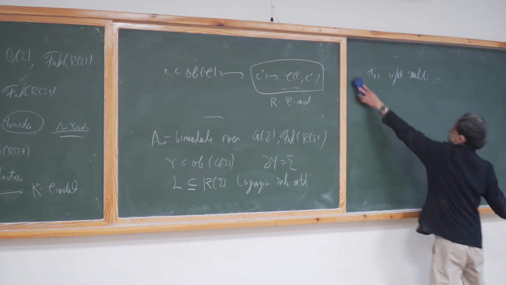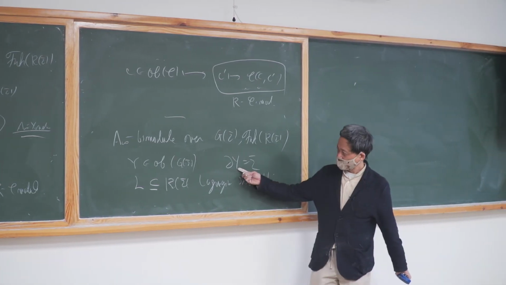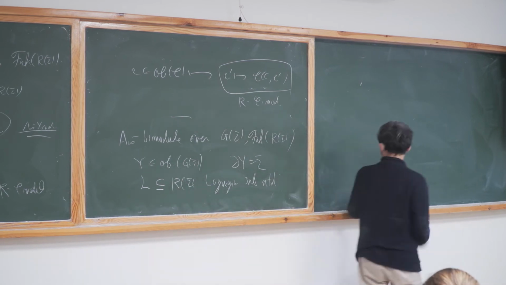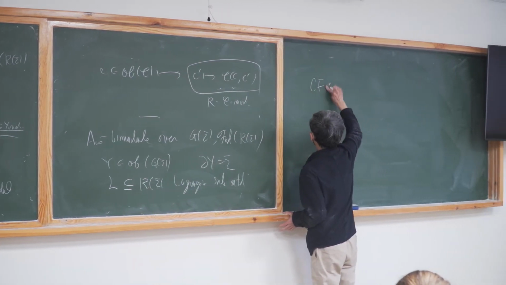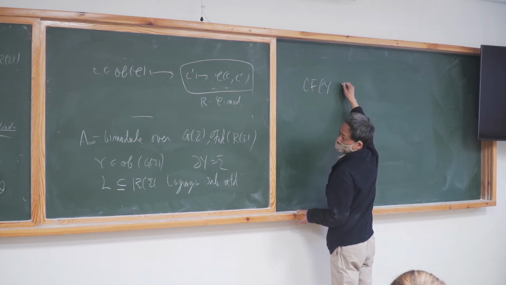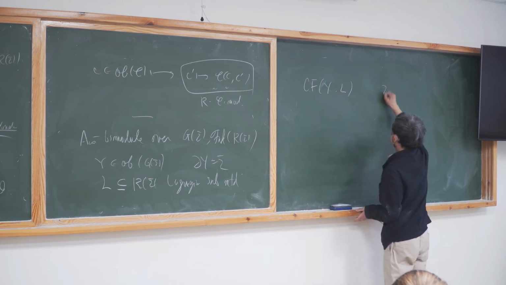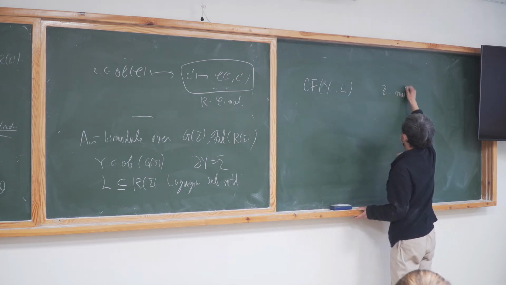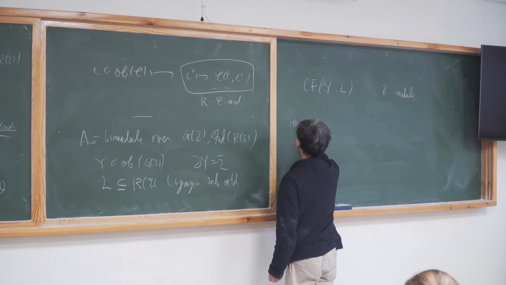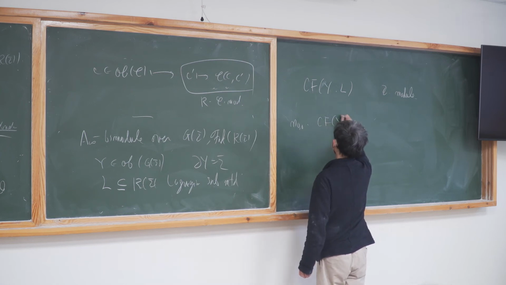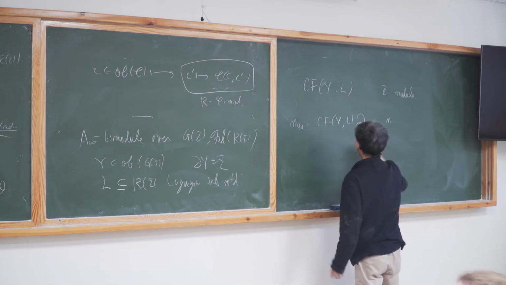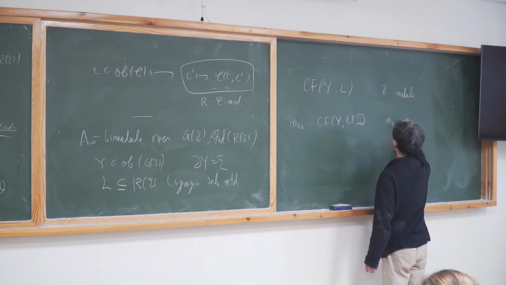Something we need to do is the following. Given such Y and given such L, we need to construct an abelian group. This is a kind of Floer chain group of Y and L. So this is a Z module. And we have this N00. We need to construct this N00, which is a chain complex.